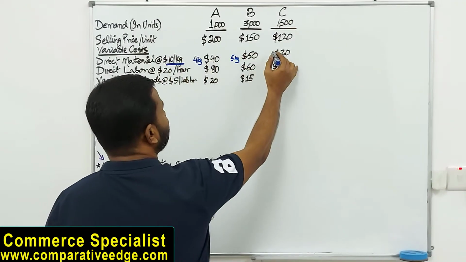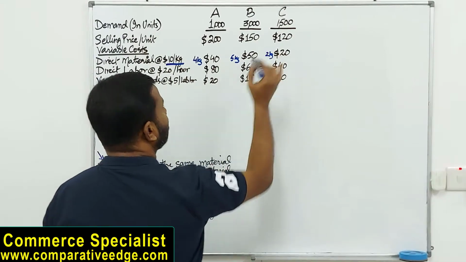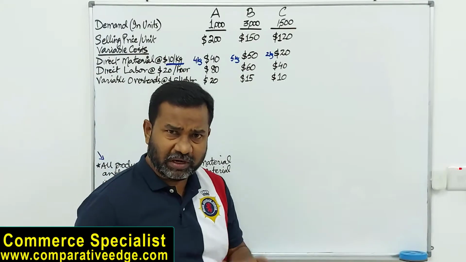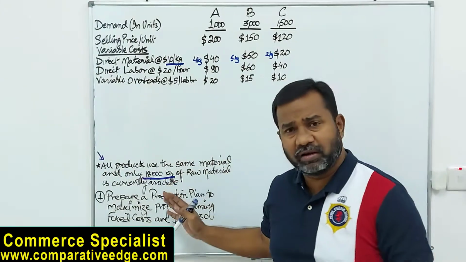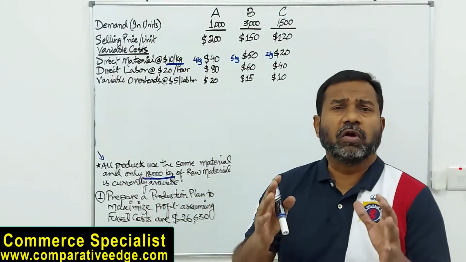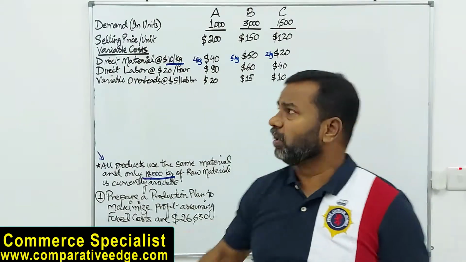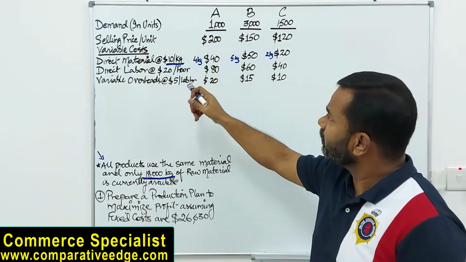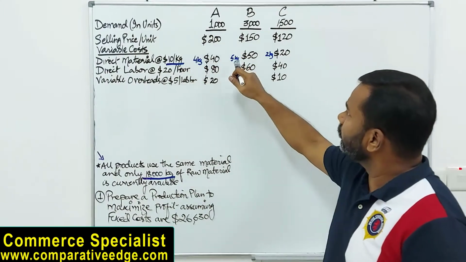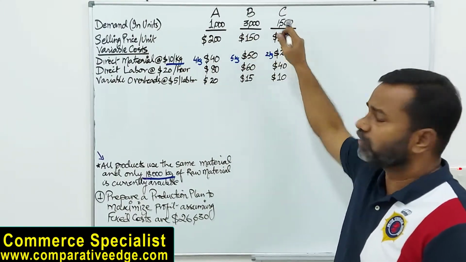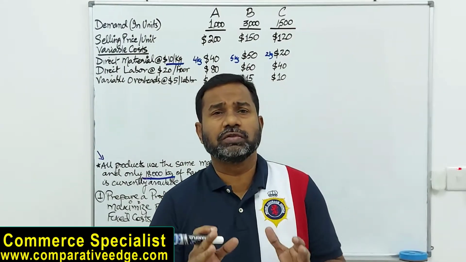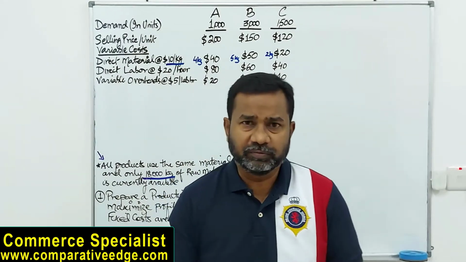And 10 into 2, that means 2 kilograms are required for product C. So a small calculation can be done, although it is not required here, is to look at the raw material requirement for the budgeted production as per demand. So if you look at 4 into 1000, 5 into 3000 and 2 into 1500 will give you a total of 22,000 kilogram of raw material.